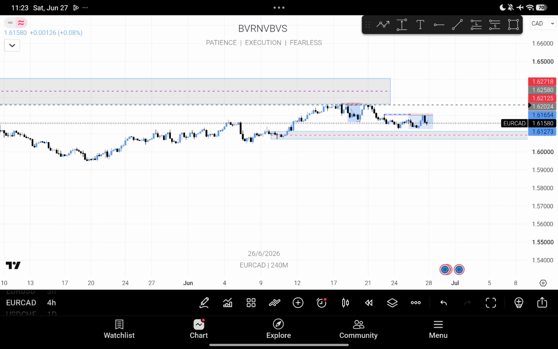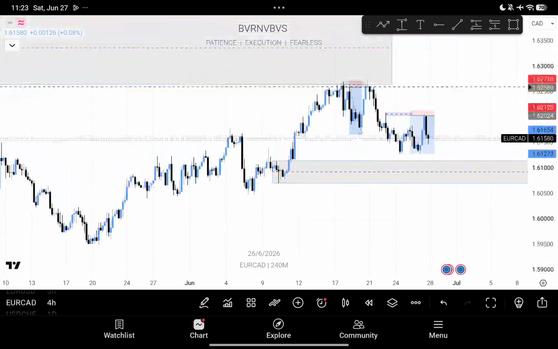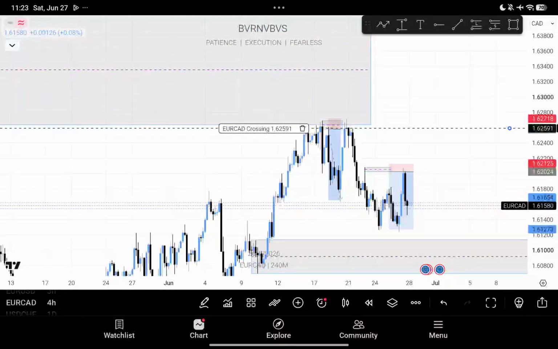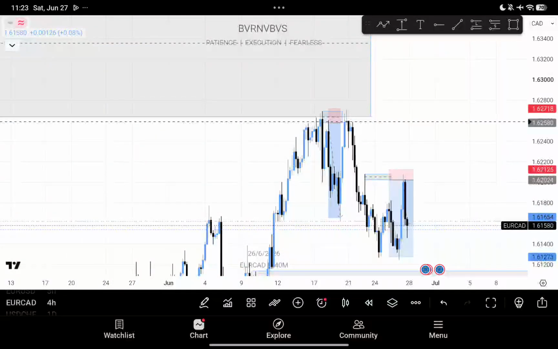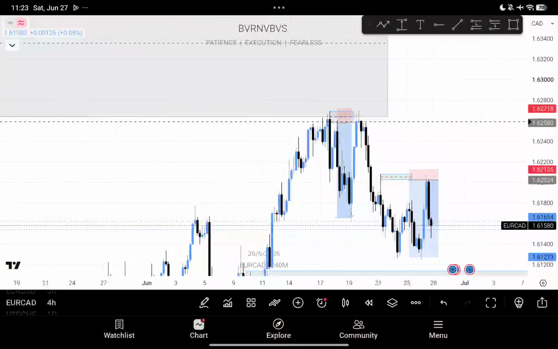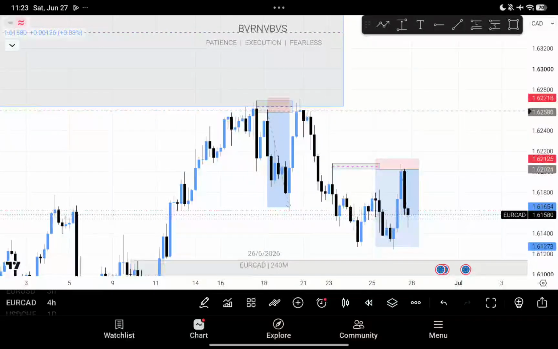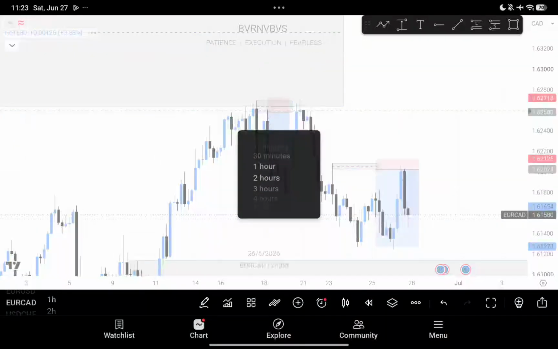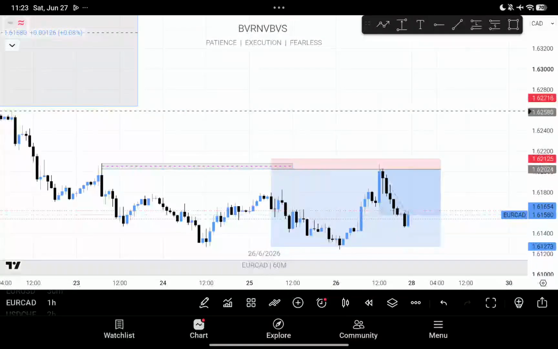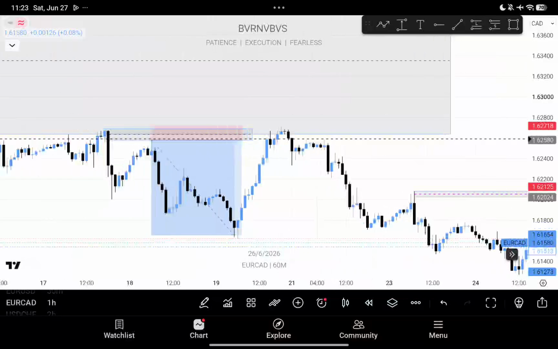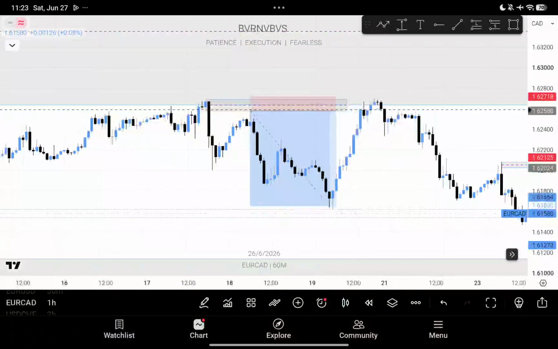This is the 4 hour. When the market was approaching the zone, if you notice, I set an alarm, an alert. So on the 4 hour, the market hit the zone. I didn't enter immediately. What do I do? I scale down to a lower time frame. This is a lower time frame, 1 hour.